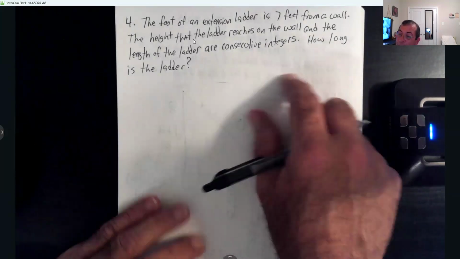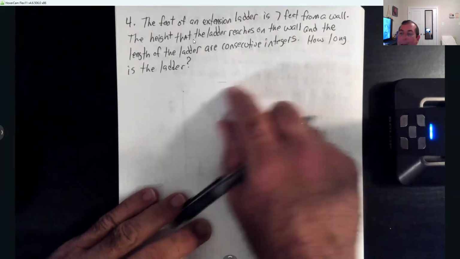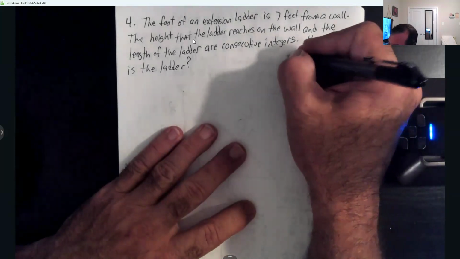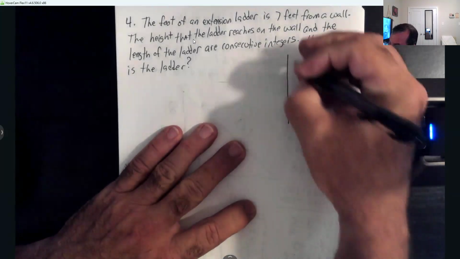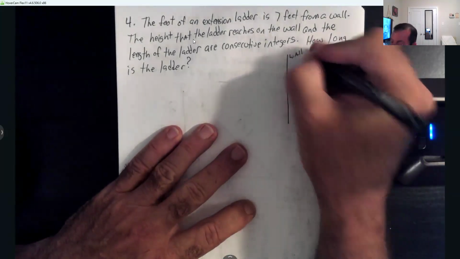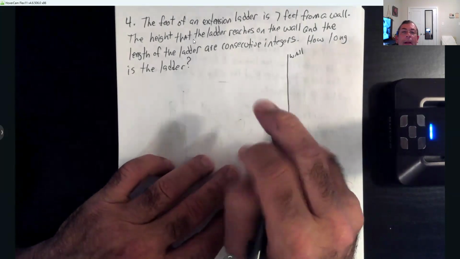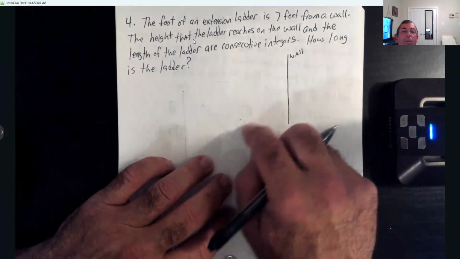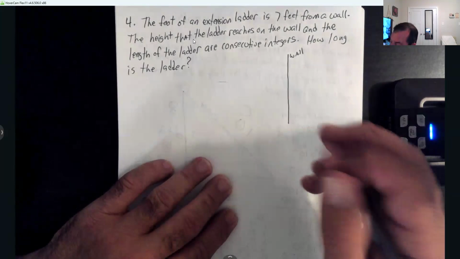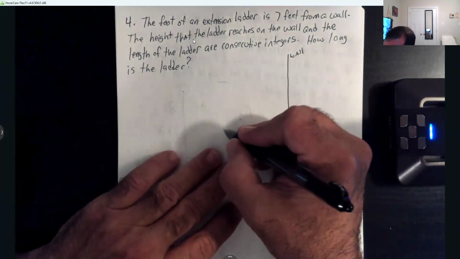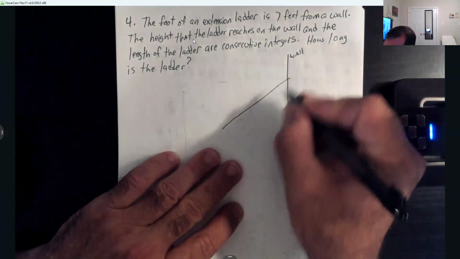Hey, so y'all, another triangle problem coming up. So I got a wall over here, and there's a ladder leaning on it, and they're telling me the foot of the ladder down here. So let me draw this ladder real quick.